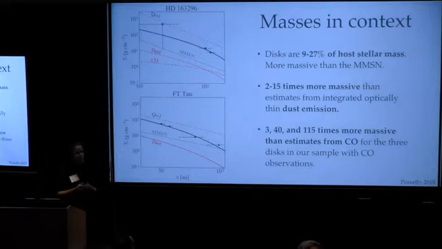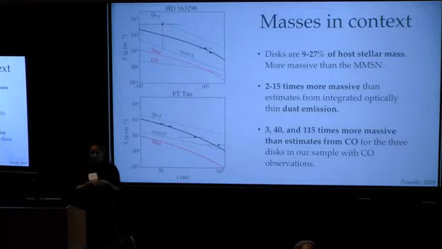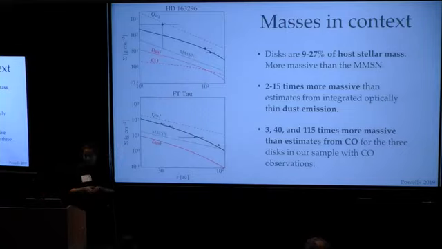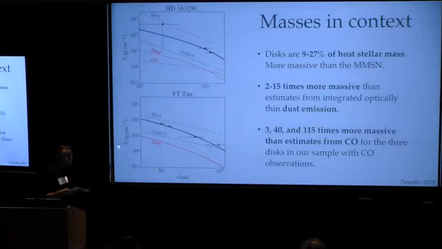They are also 2 to 15 times more massive than estimates from integrated optically thin dust emission. And for the 3 disks with resolved CO observations, they are 3, 40, and 115 times more massive than estimates from CO, which indicates that CO depletion may not be uniform across different disks.